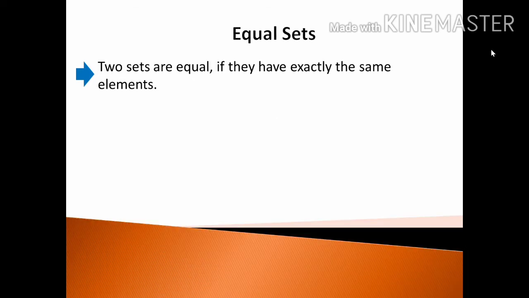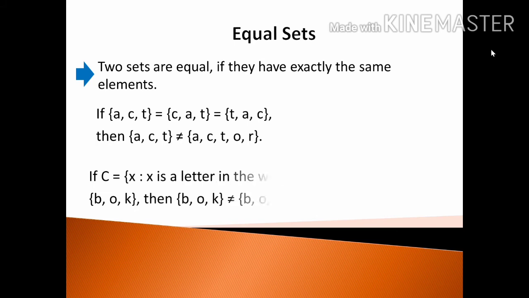Now let's proceed with the equal sets. The new set should be equal to each other. For example, if we have ACT, then the other set must have the same elements, CAT, TAC. As you notice, the elements are just reshuffled.